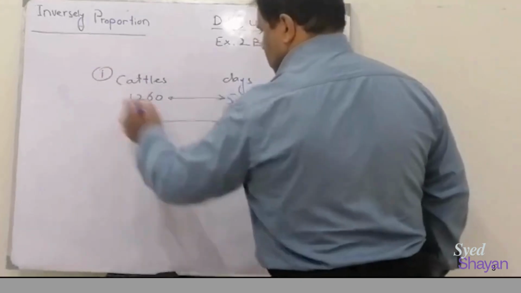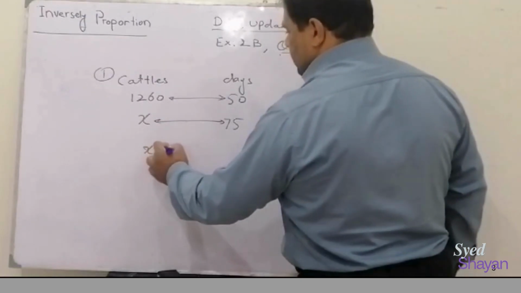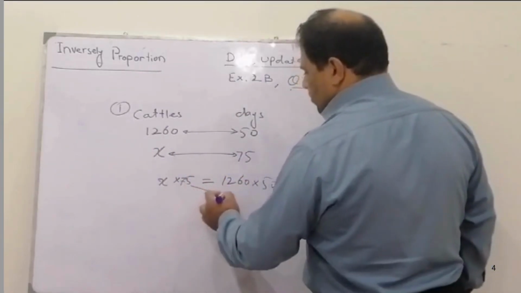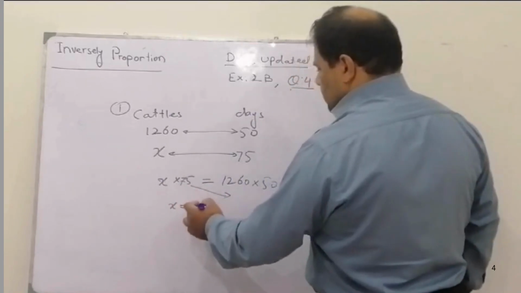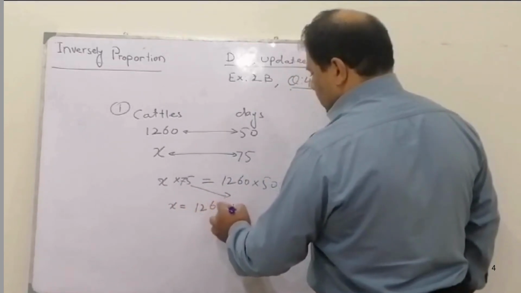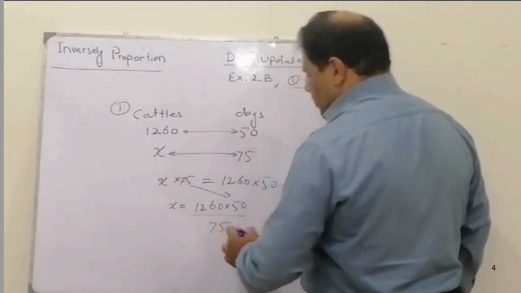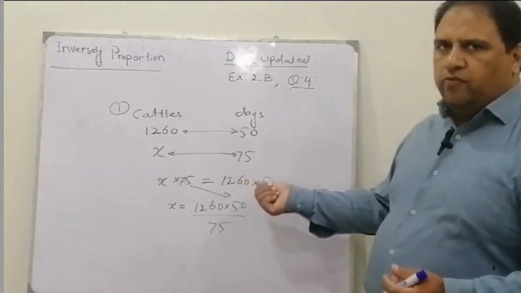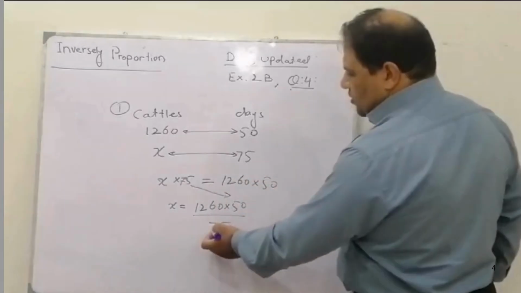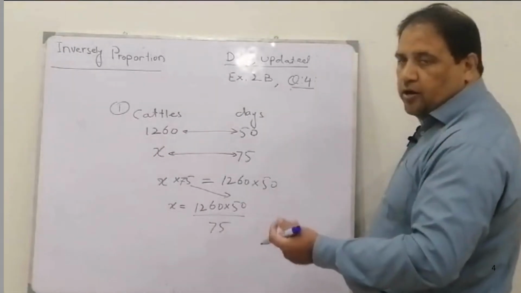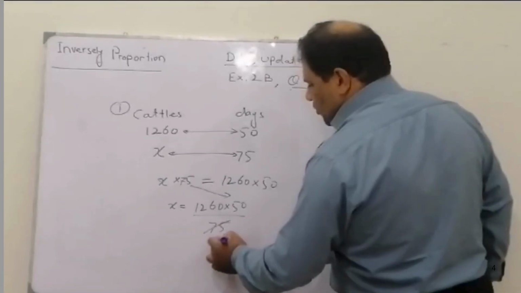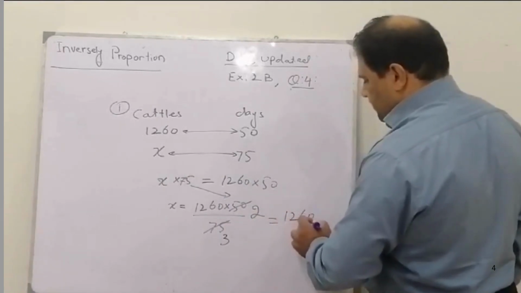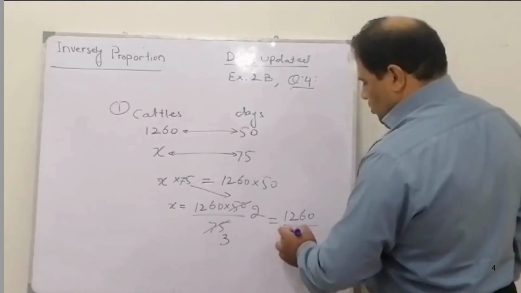This is part 1. Now we will multiply it. x multiplied by 75 equals 1260 multiplied by 50. Now we will move 75 to the other side. So this is 1260 multiplied by 50 divided by 75. Normally calculators are allowed for such questions, but you can also solve them without a calculator. This is 75 and this is 50, so you can divide them by the easiest number: 25 threes are 75 and 25 twos are 50. So the remaining numbers are 1260 over 3 multiplied by 2.